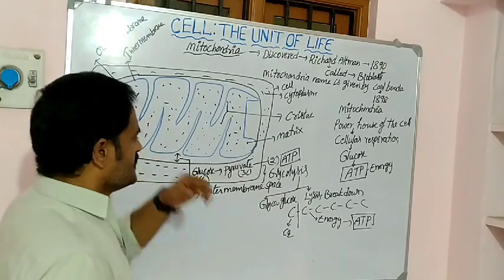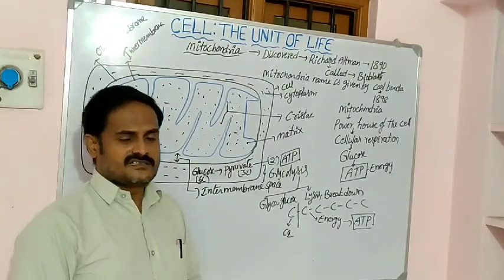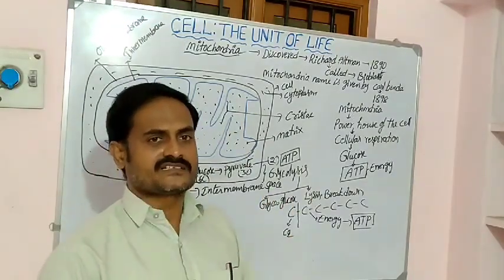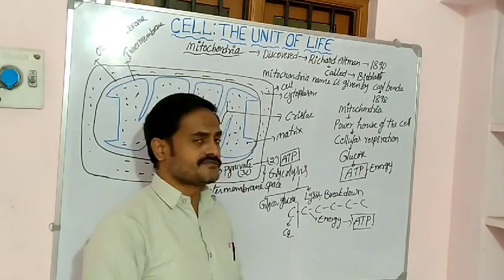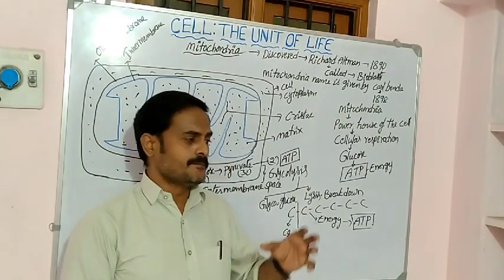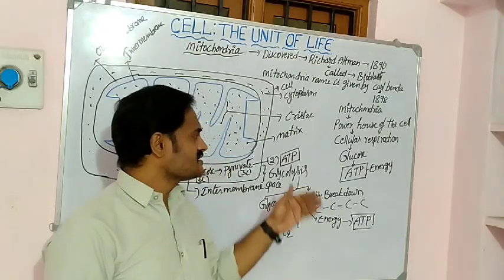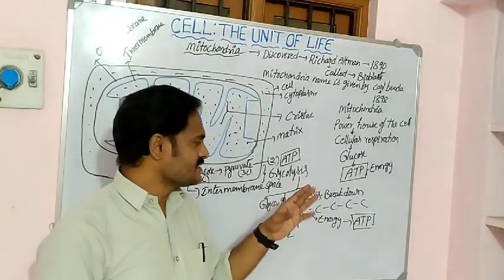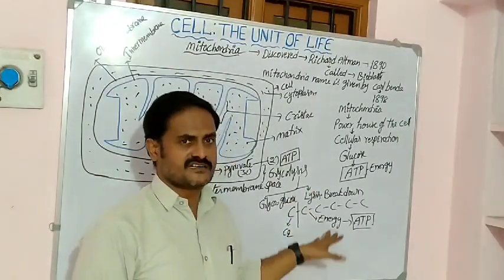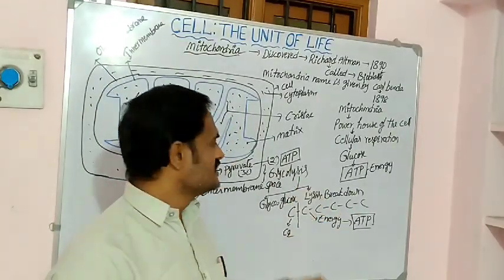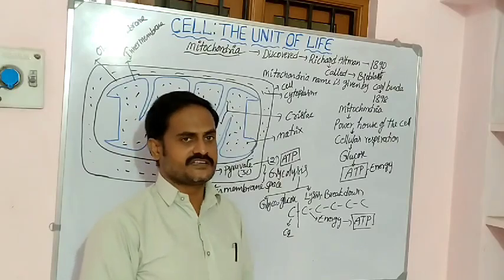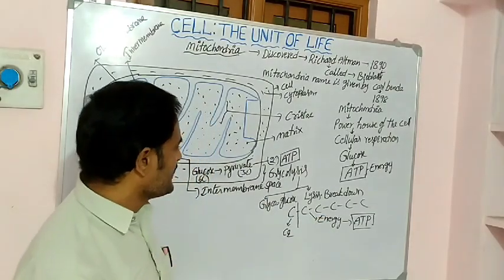Okay, that is all about glycolysis. It has many reactions, nearly 10 types of reactions occur. A complete glycolysis process needs 10 reactions. All that we will discuss in that particular chapter, respiration. Okay, coming to the point.